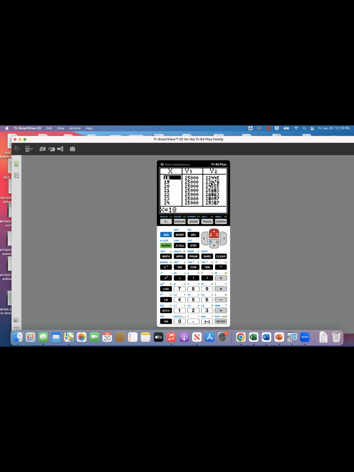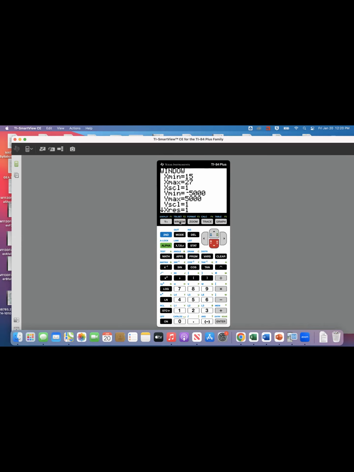So I make note of the y values. Now the y values are changing very quickly. As you go away from the value of 25,000, the values are decreasing rapidly up this way, and increasing rapidly down this way. So to make sure I get a good window so that I can see where that point is, I want to set my y values correctly.